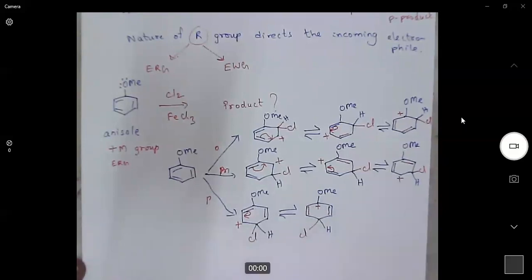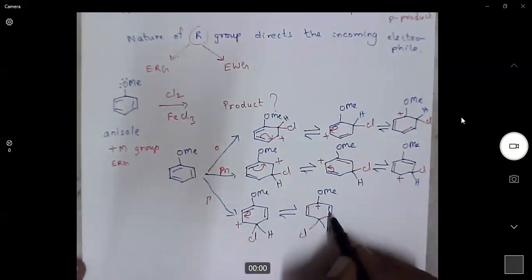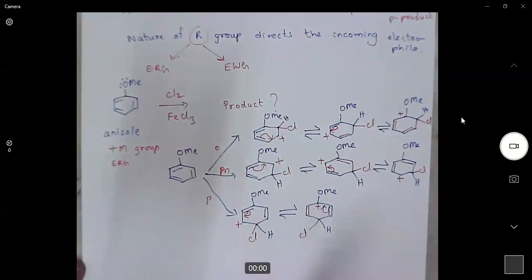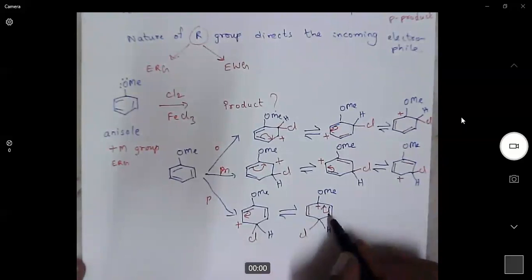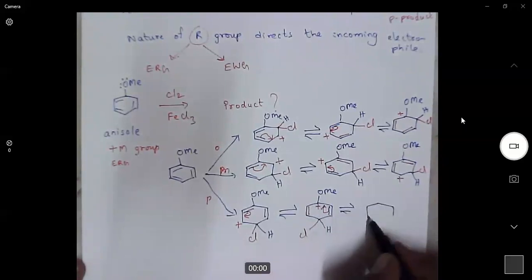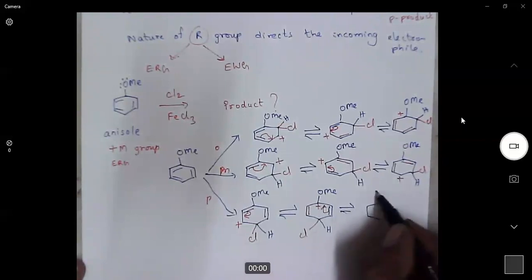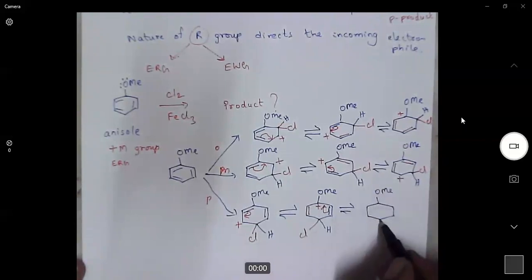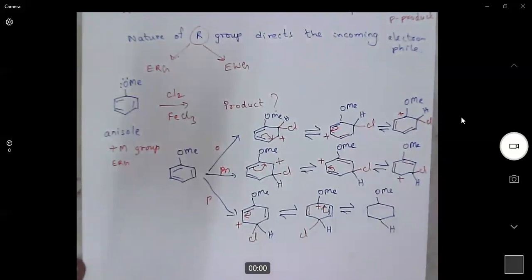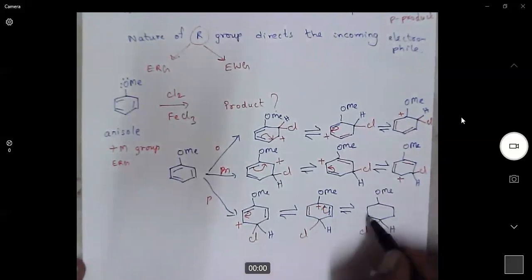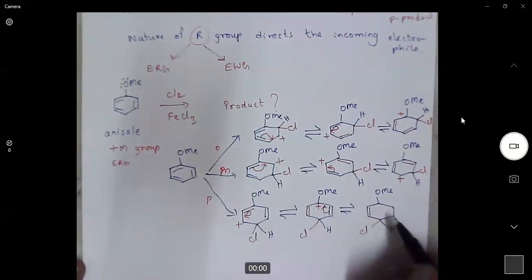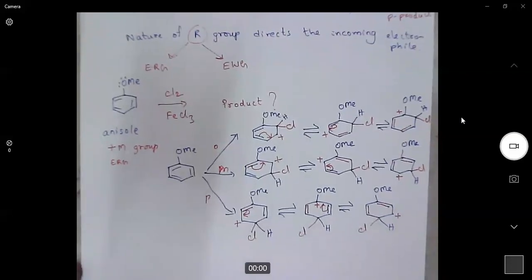Again, this double bond and positive charge are in conjugation, so we can write one more resonance structure by polarizing this double bond. This is the previously generated double bond, and this is the newly generated double bond, and this is the position of the carbocation.